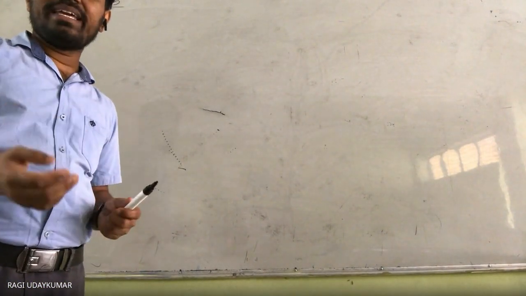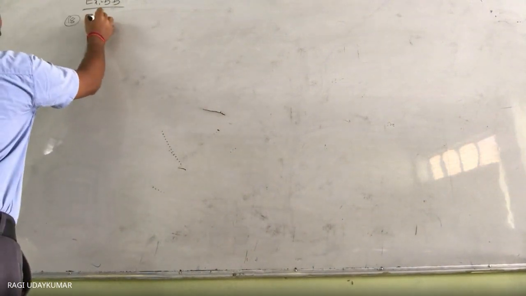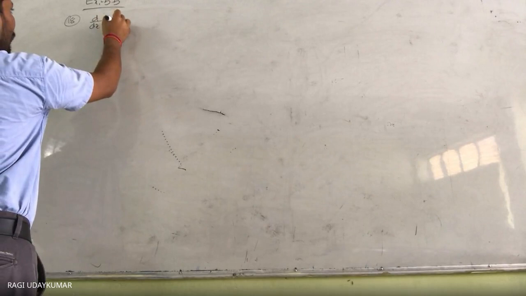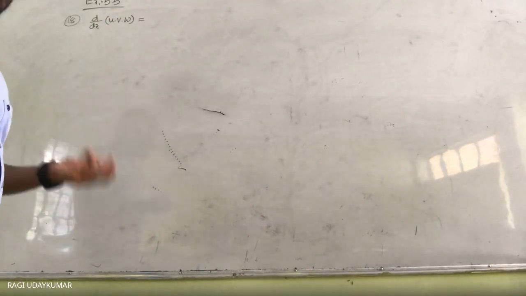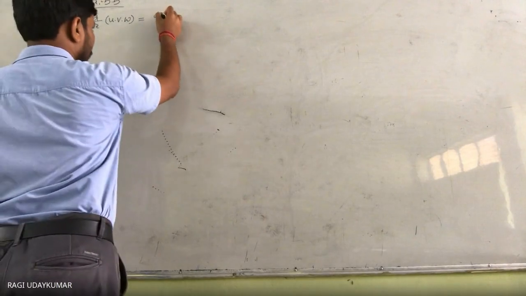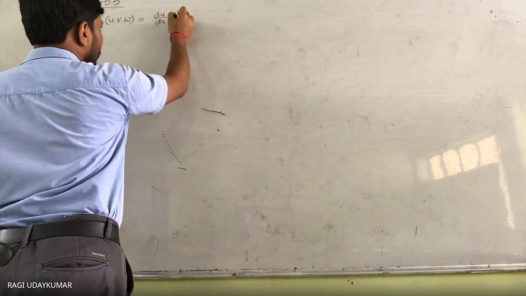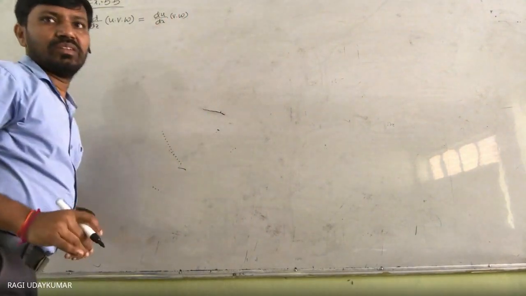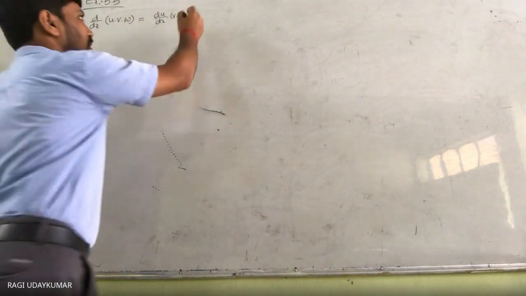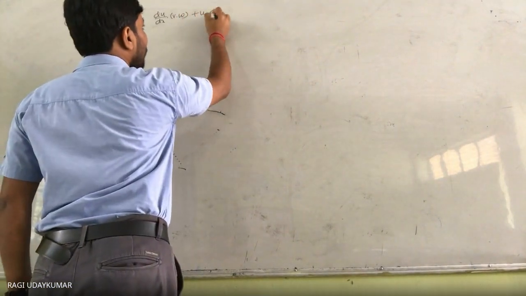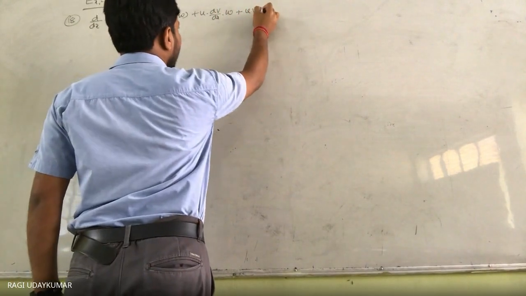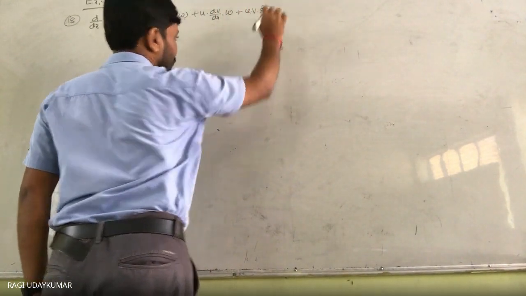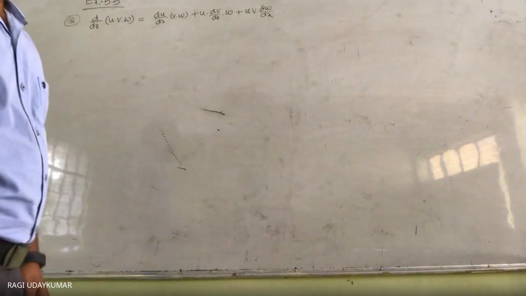Then show that d by dx of u, v, w is equal to du by dx into vw plus u into dv by dx into w plus u into v into dw by dx. This is asking you to prove.